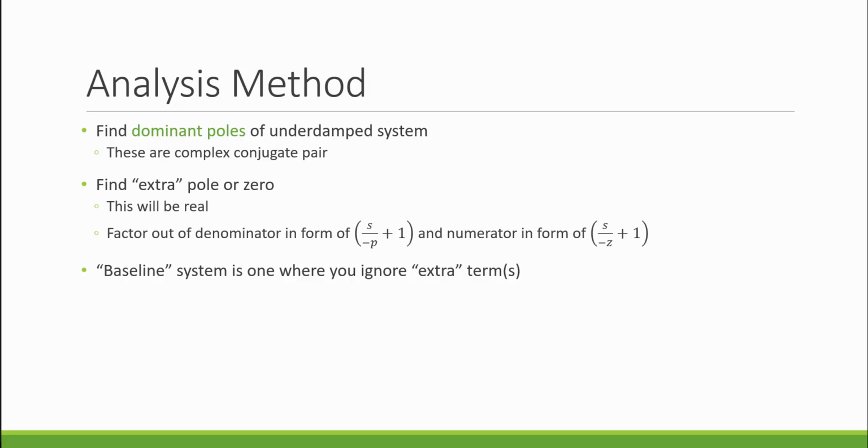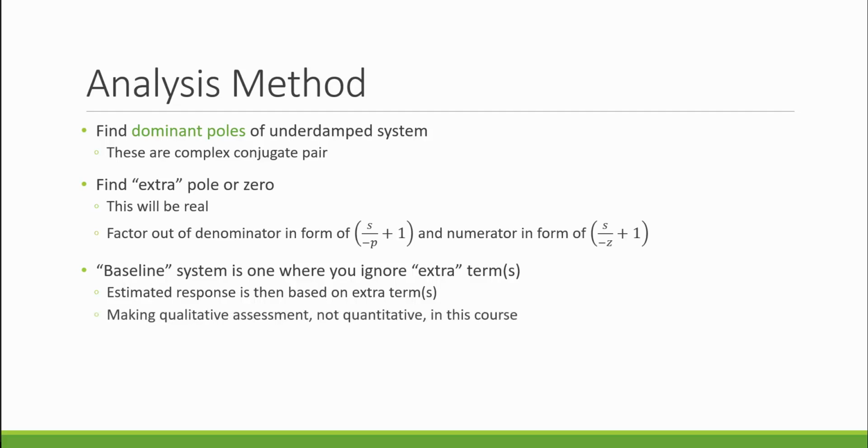Then once we have the baseline, we know what the overshoot is going to be of that system, the peak time, the rise time. Now we're going to estimate the response when we factor in these extra terms. I will make it clear for this course that what we're doing is really a qualitative assessment and not a quantitative assessment. So if our max overshoot of the baseline system is like 60%, when we add that extra pole, we're not going to know exactly what value it goes to.